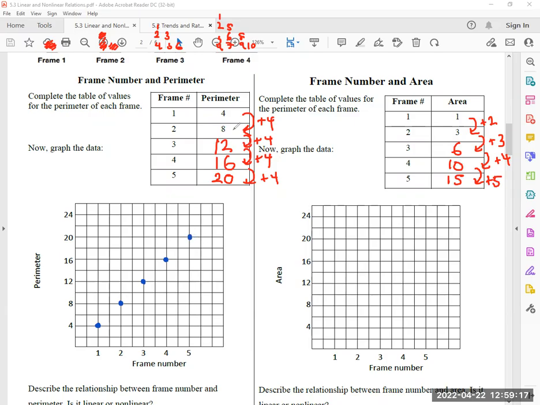And also, if you think about it, if you had 0 frames, I would have 0 perimeter. So you can technically say that also fits. There. Yes. No, while that is up there, try that area.